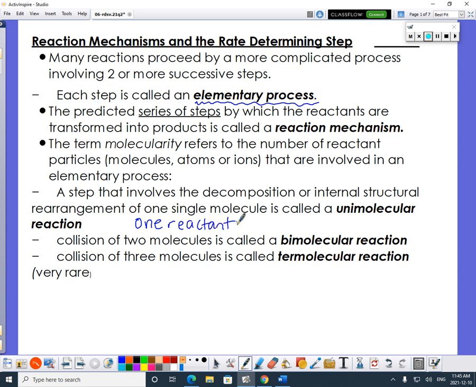Collision of two molecules or two reactants is called bimolecular. And three is called termolecular. That's very rare. If you think about it, combustion, single and double displacement are all two, right?